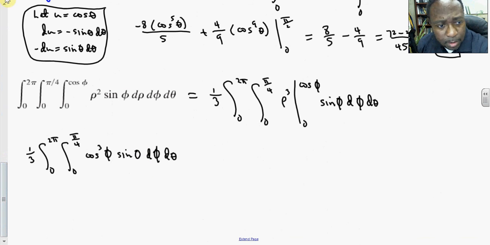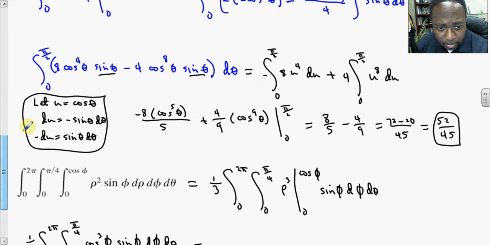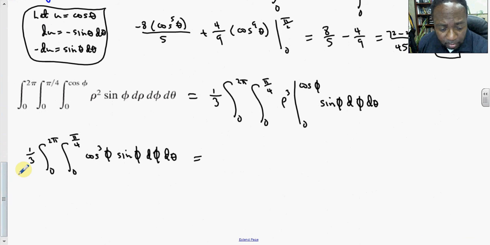Okay, better. So here we use a u-du substitution, very similar to what we did in the previous problem. Let u equal cosine, du picks up a negative sign. So just the same setup.